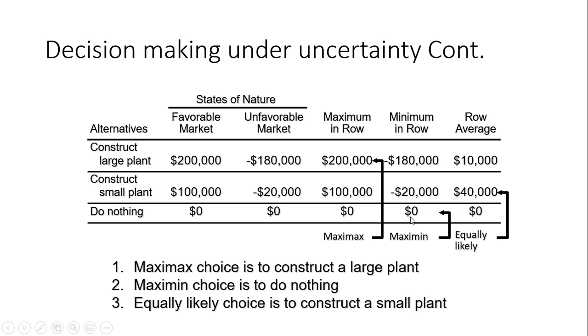So first we select the minimum value from each alternative, and then from those three we select the maximum one, which is 0. So according to the maximin choice, doing nothing is the best alternative to select.